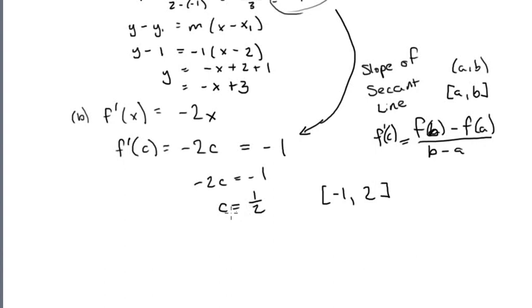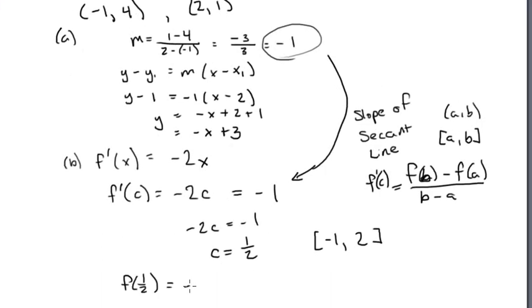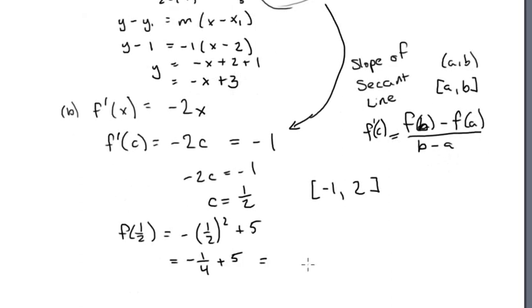The value of the function at 1/2 will be equal to -(1/2) quantity squared plus 5, which will be equal to -1/4 plus 5, which will be equal to 20 minus 1 over 4, which equals 19 over 4, approximately, right?